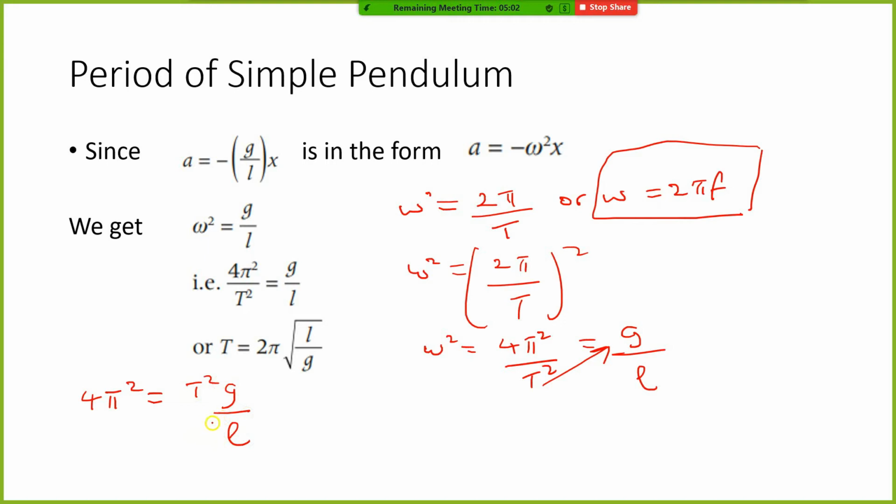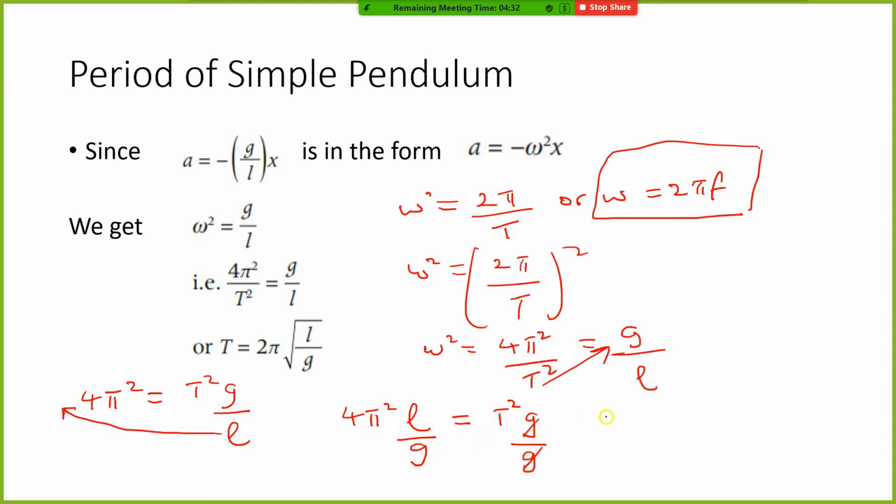Having said that, I'm still not finished as yet. I want T at the end of the day. I still need to do some more transposition. I'm going to take the L and bring it across. Once I do that, I get 4 pi squared times L is equal to T squared times g. I need to get rid of the g, so I have to divide both sides by g. My g cancels out here.